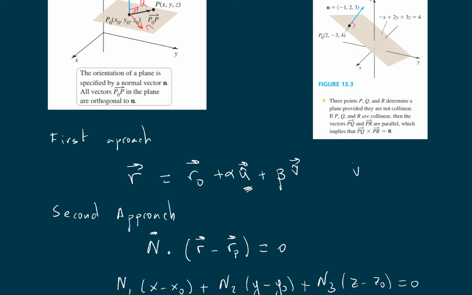So V is a unitary vector in the direction of PR, and U is a unitary vector in the direction of PQ.